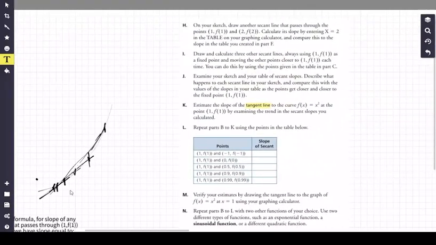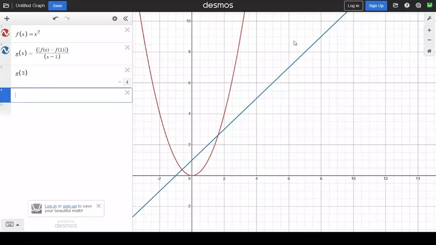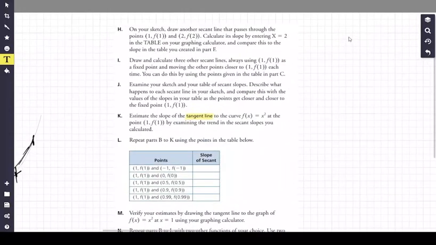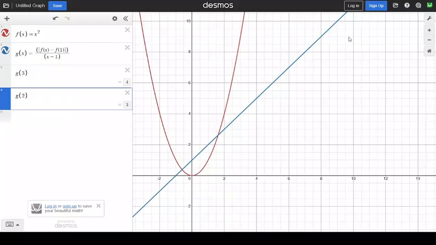On your sketch, draw another secant line that passes through, which we already have, supposedly. Calculate the slope by entering x equal to 2. And we already compared, so g of 2 is equal to 3. It's the same as our table. Draw and calculate 3 other secant lines. So you're supposed to draw it on your own, while I will just verify the calculation for you.